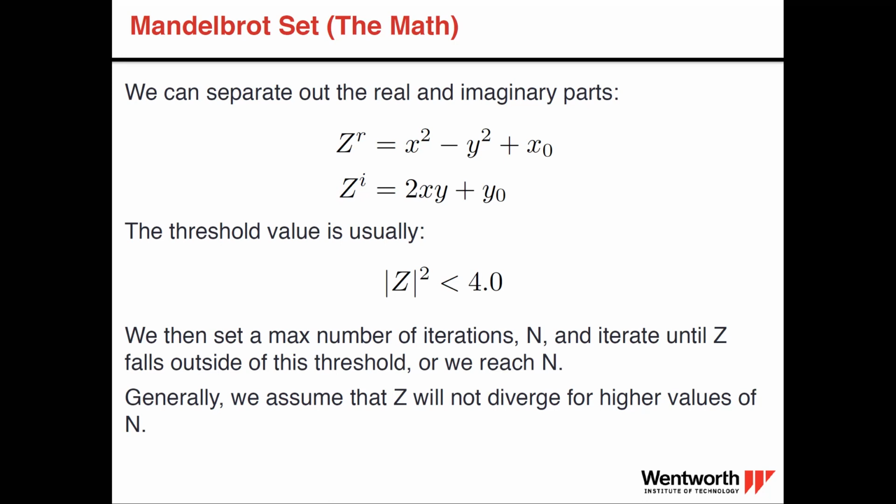And what you look for is the magnitude of z squared, a situation where that is growing and getting larger than 4.